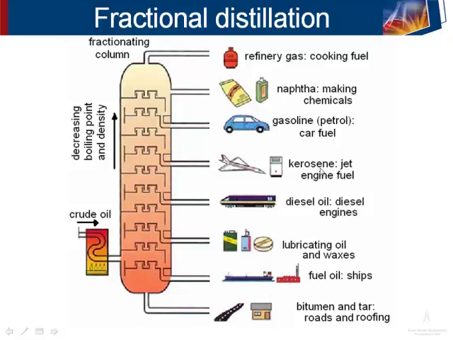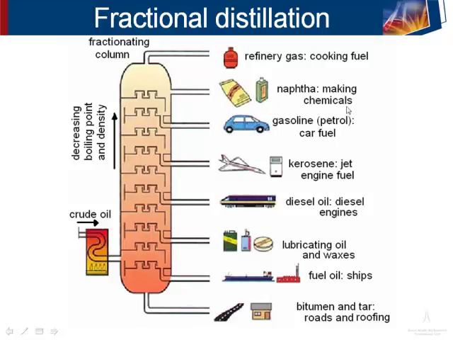Then we look at kerosene, which is a jet engine fuel. That has a carbon chain length of C11 to C13 and a boiling point of approximately 150 to 260. Looking at gasoline and naphtha, these two fractions, the petrol in our cars, octane, is in this fraction, and this is carbon 5 to carbon 10 and a boiling point of about 30 to 135.